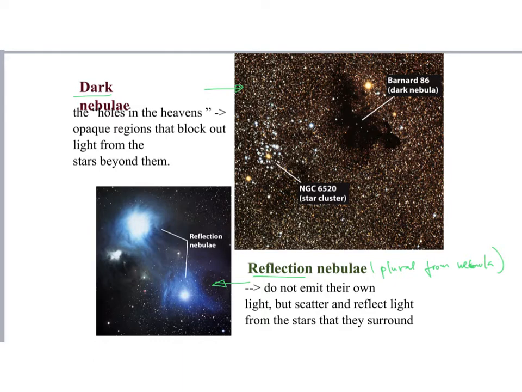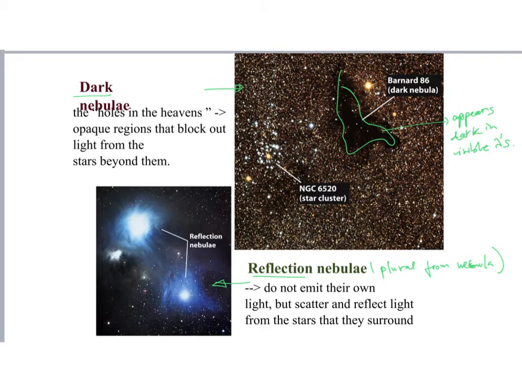All right, so here's an example of a region in the sky that appears dark in visible wavelengths, okay? But then we looked in the infrared and actually saw a bunch of heated dust, okay? Those are often called by astronomers holes in the heavens. They're opaque regions that block out light from the stars beyond them.